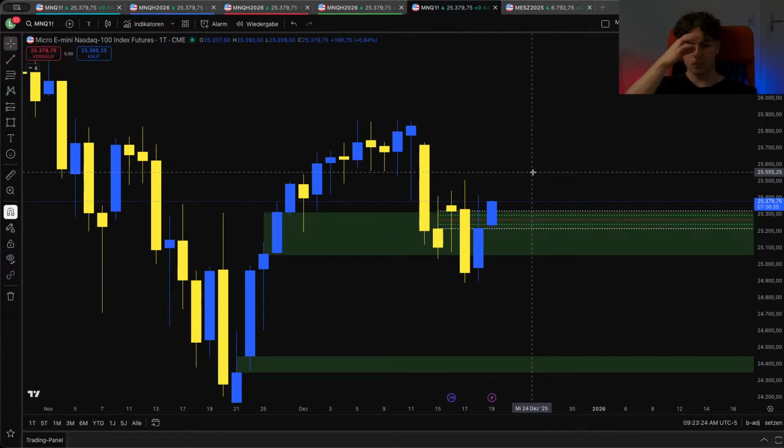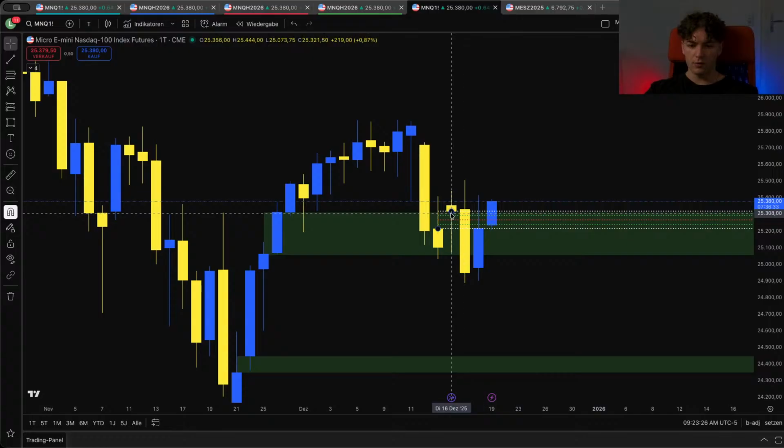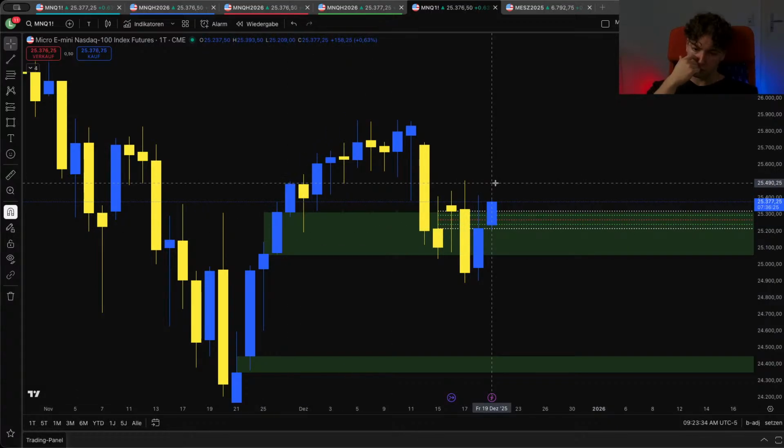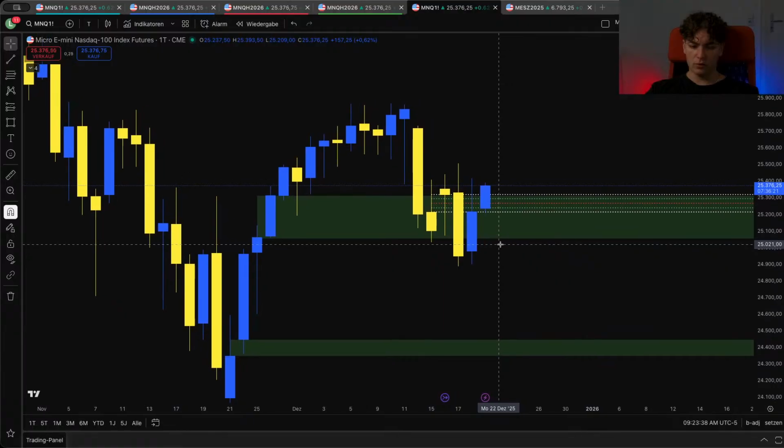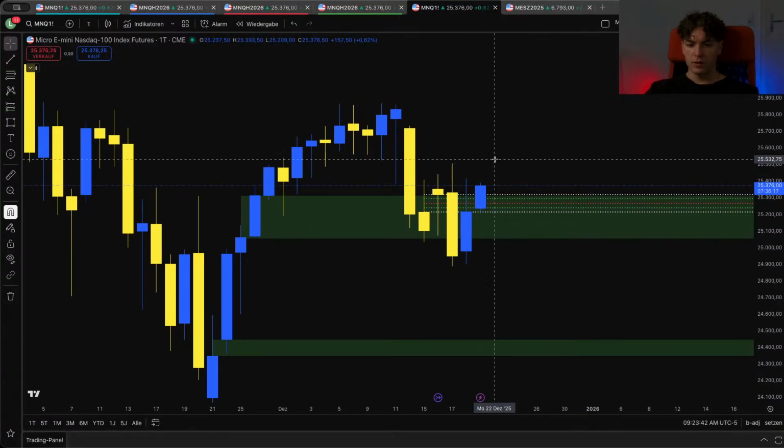Since we are now above this daily volume imbalance and above this daily fair value gap, it doesn't look too bearish for me right now. So we have to see how this week is going to close.